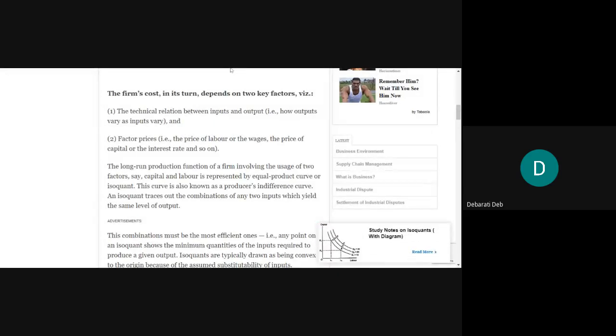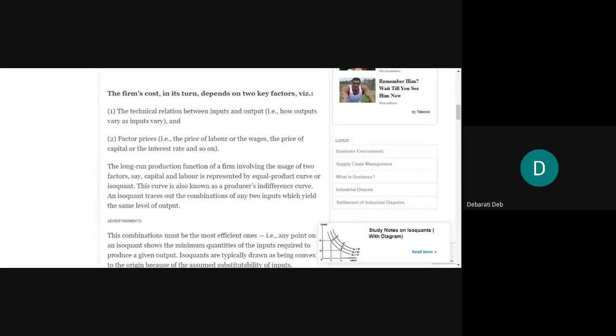The firm's cost of production completely depends on two important factors. What are those factors? The first factor is the technical relation between the inputs and the outputs, that is, how outputs vary as inputs vary.